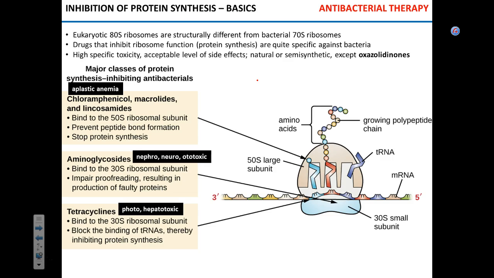So, the great advantage of these drugs is their high specific toxicity. We didn't discuss it, so let's talk about this now. What is specific toxicity, or selective toxicity? Those are synonyms. Come on, give me your versions. What do you think it means?